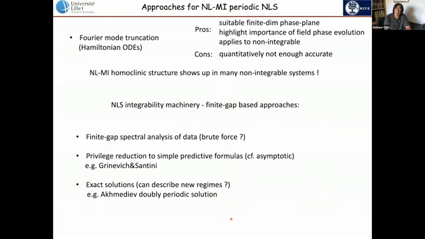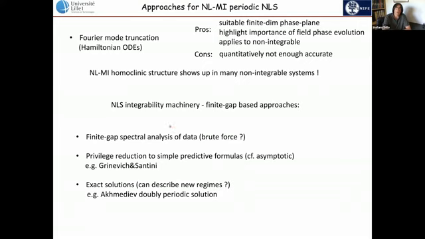I'm not doing this today, but we actually use this approach also in the non-integrable case. But not only that, there are other pros. The pro I remember to emphasize is that the system highlights the importance of the field phase evolution, which is usually neglected, and gives a suitable phase plane where to project all the NLS evolutions.